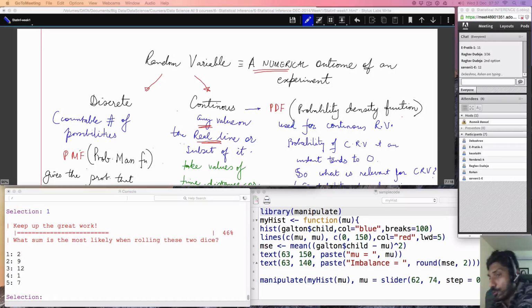The probability of 12 occurring is more. No, no, it's 9. Think of it again. How would you get 9? How would you get 12? Just give me 1 second.